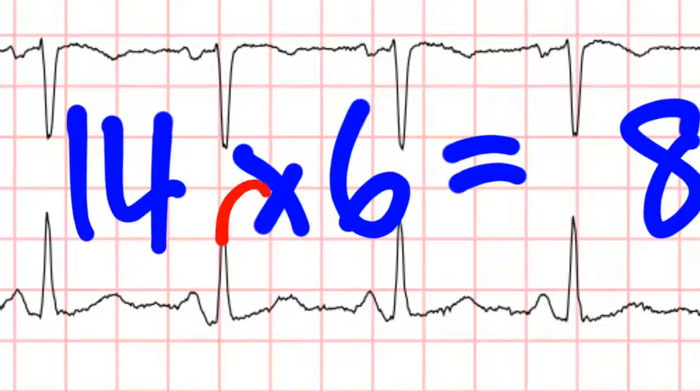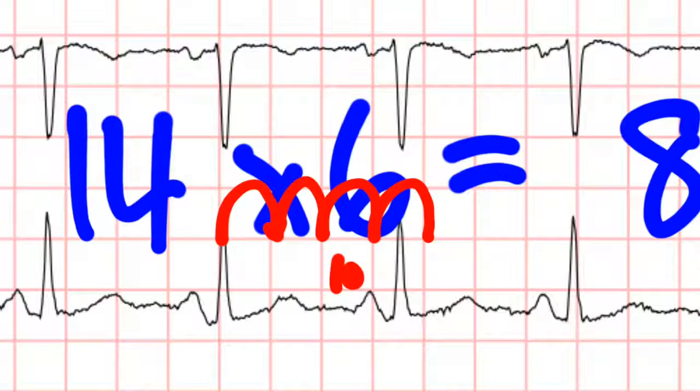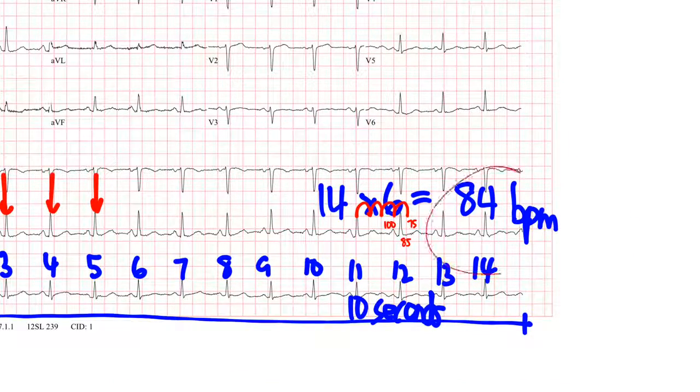So we go 300, 150, 100, 75. We know that we are somewhere between 100 and 75, and maybe it's closer to 75, so I might say it's 85, I'm guessing. And that's kind of close to what we got over here, right? We said 84 and we came up with 85. So that's one way to determine the rate.